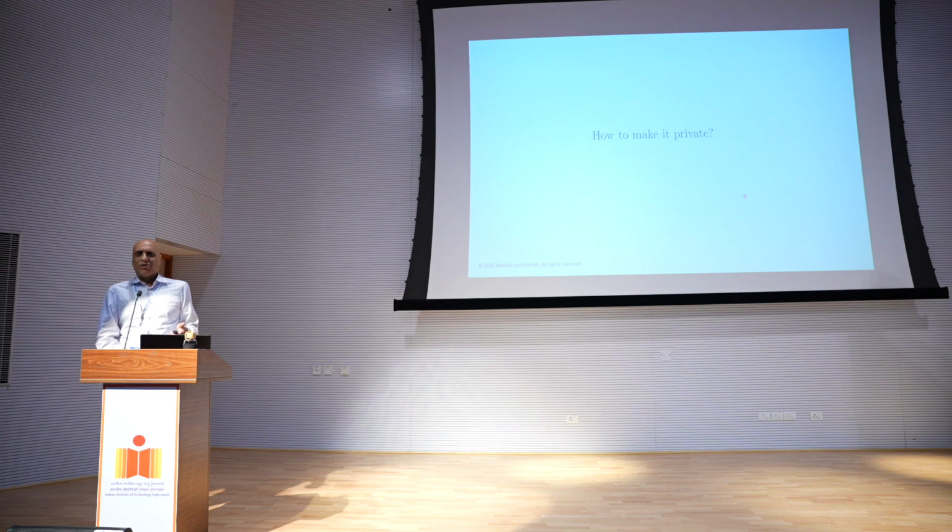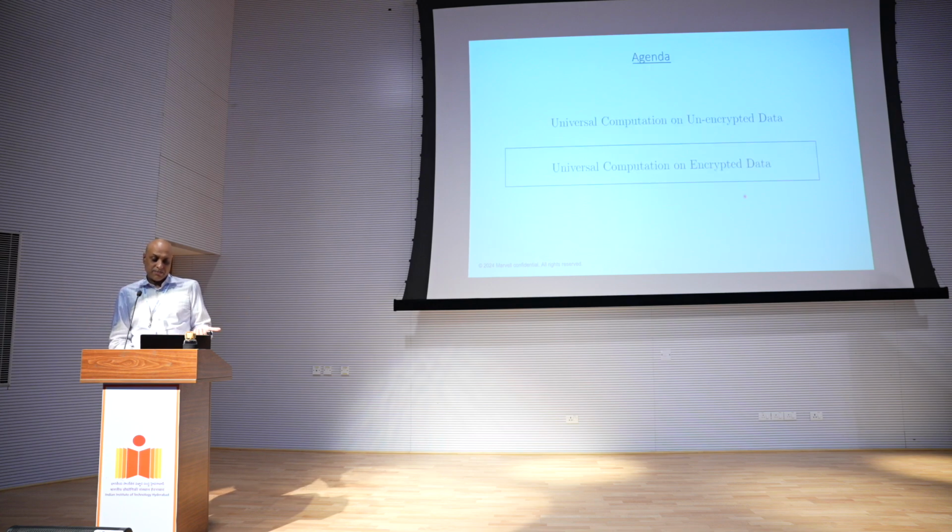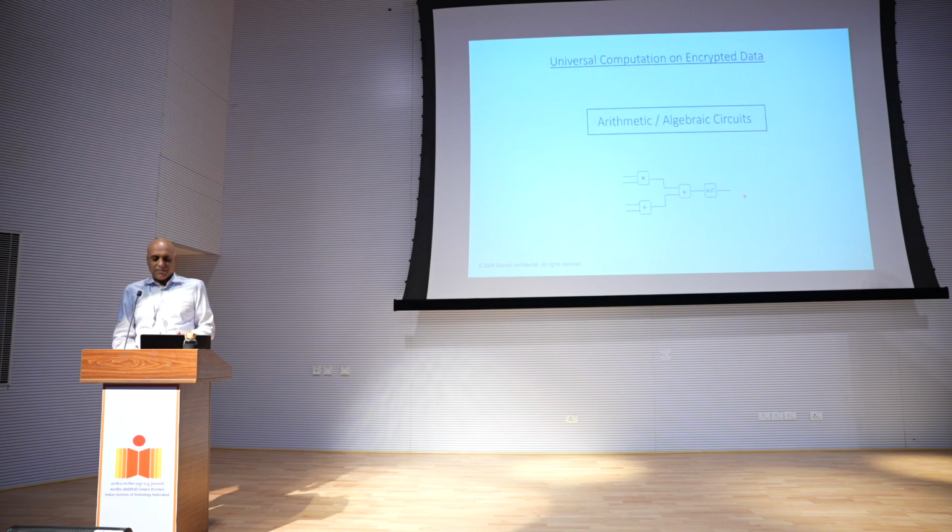Now, but that's not really computing on encrypted data, right? I'm just letting those polynomials sit out there in the clear. So how do I make this private? Well, in order to do that, we've got to get into universal computation on encrypted data. Now, unlike computation on structured data or unencrypted data, where we have different paradigms, we can really only compute functions on encrypted data if those functions are expressed as arithmetic circuits.